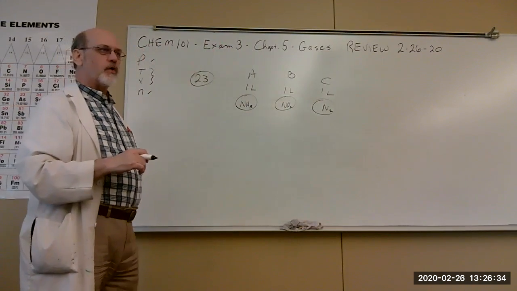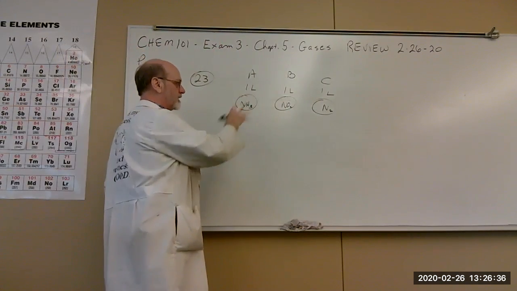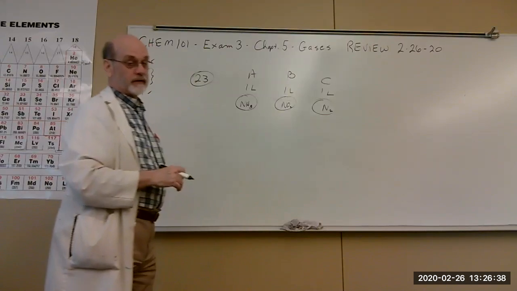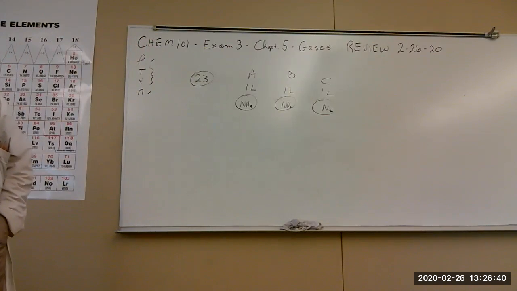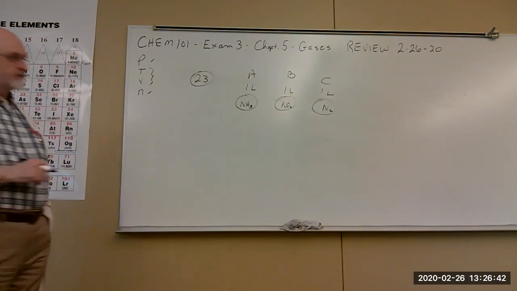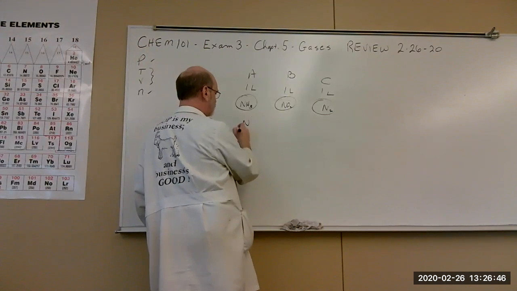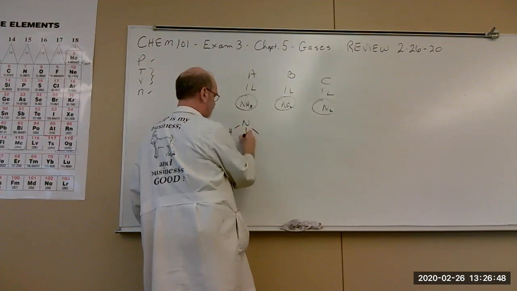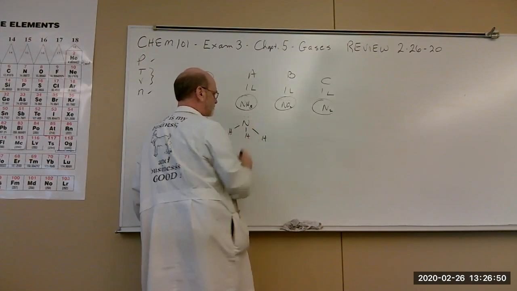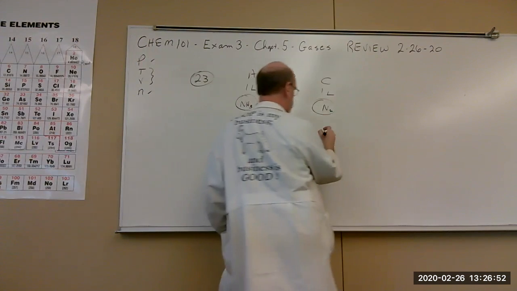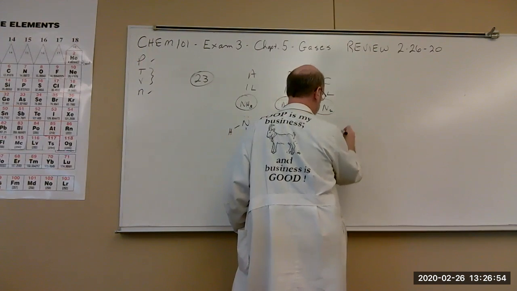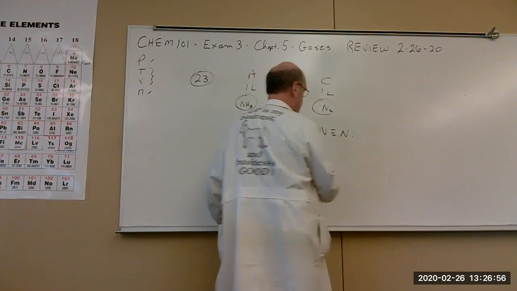So what you need to know is, how do you tell polarity in these molecules? Well, we haven't got there yet, so I just have to tell you, ammonia is a polar molecule. Nitrogen gas is nonpolar.